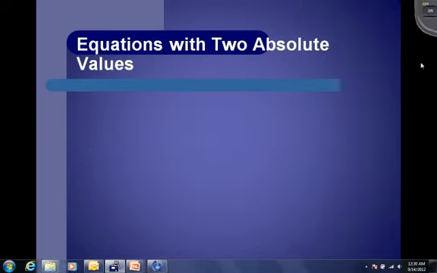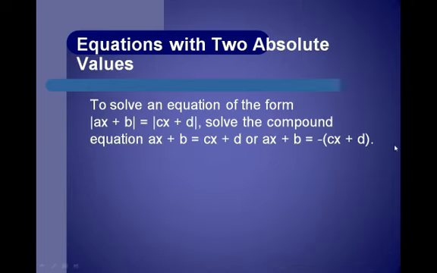Now let's talk about equations with 2 absolute values. To solve an equation of the form, the absolute value of ax plus b is equal to the absolute value of cx plus d, we're going to solve the compound equation: ax plus b equals cx plus d, which is just like we had earlier.